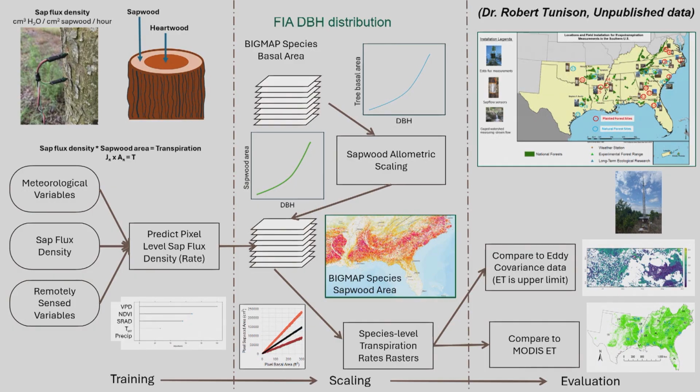We have a postdoc working on this. We have measured trees worldwide, across the US. We put sensors on trees, but how do we scale up to plot scale, to pixel scale, and also to regional? Because, as mentioned, forests affect a lot of water resources.